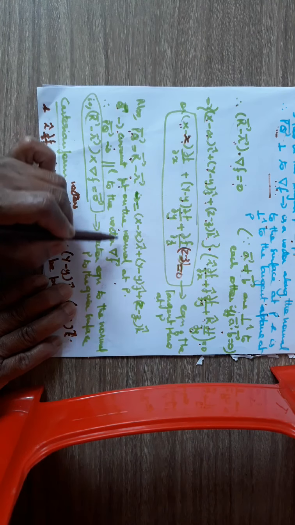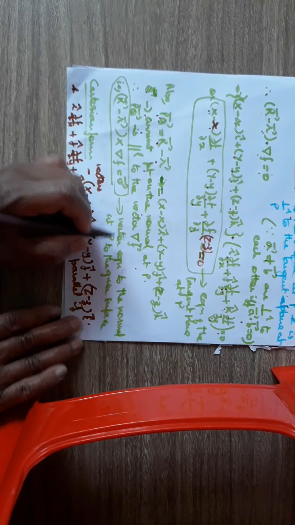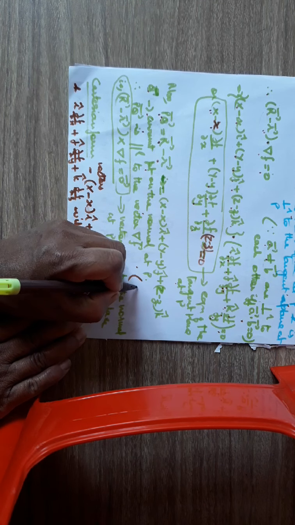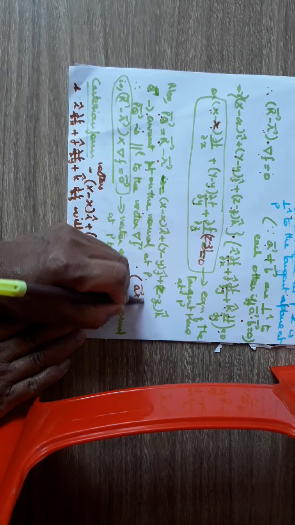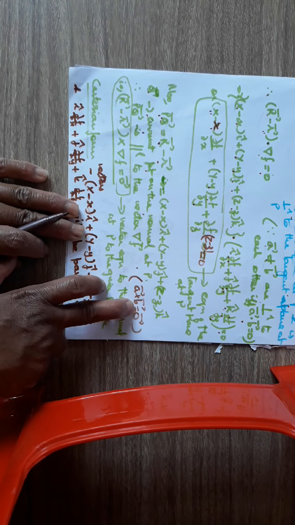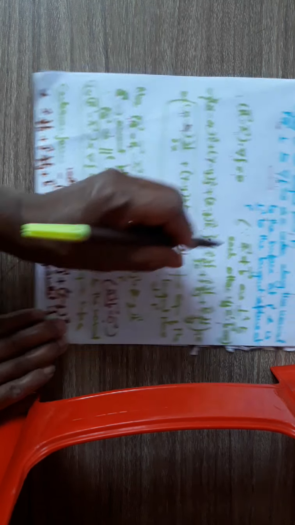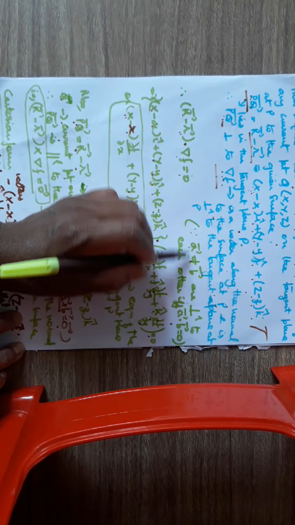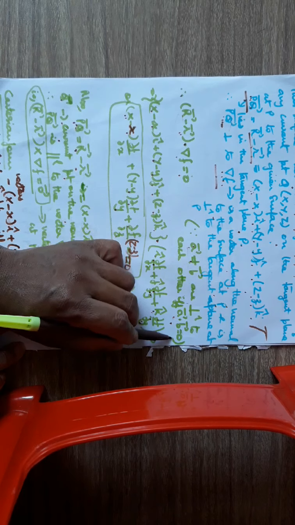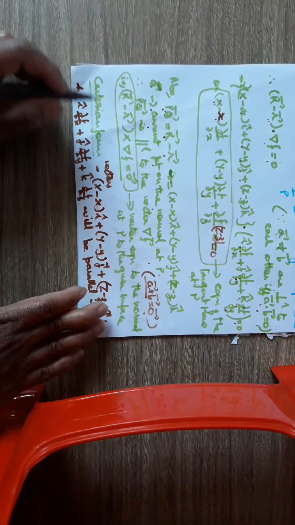And we know that two vectors A and B are said to be parallel to each other if their cross product A bar cross B bar is equal to the zero vector, whereas they are perpendicular to each other if their scalar product is equal to 0. So you have to remember these two conditions.